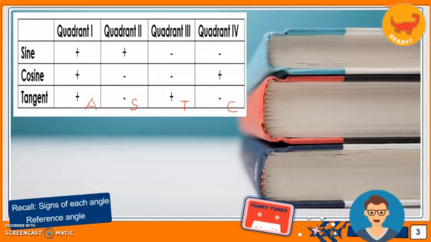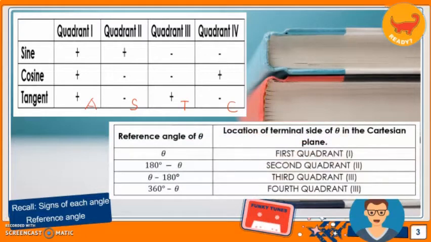Also, in module number 1, we discuss the concept of reference angle. Reference angle are the smallest positive acute angle with respect to the x-axis.